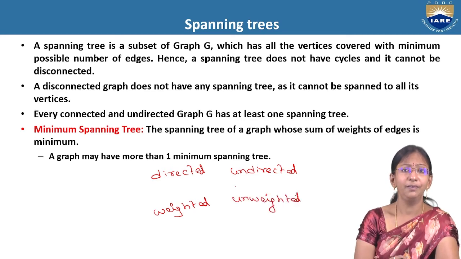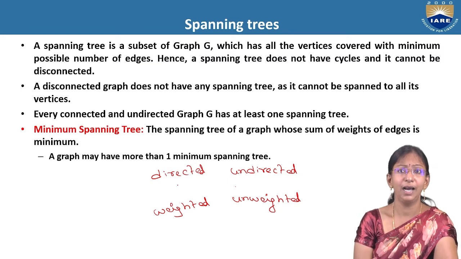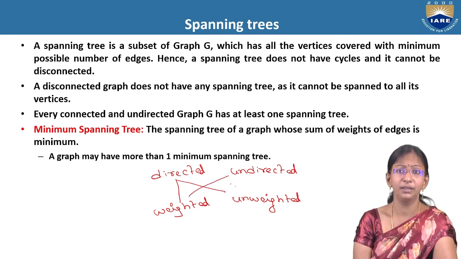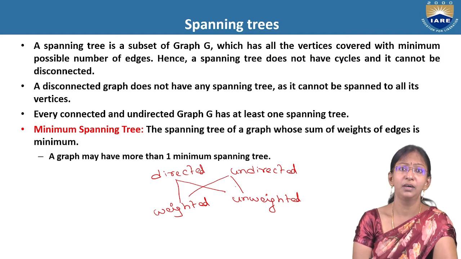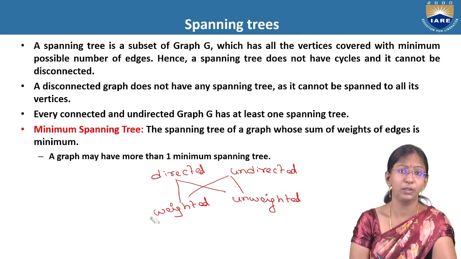We can have any combination of that. You can have a directed weighted graph, a directed unweighted graph, an undirected weighted graph, and an undirected unweighted graph also. So these are the four combinations of graphs you can have altogether.